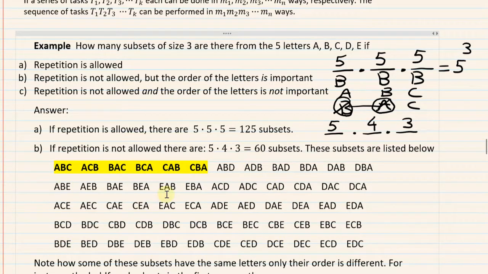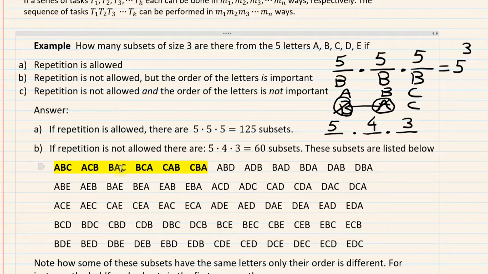Now, what if order doesn't matter? In other words, all the ones in highlight are really the same. So if I'm thinking about these being 3 people, I don't care if person A, B, C or A, C, B or B, A, C are in a group, as long as they are in one group. There's no ranking, no position, like president, vice president, secretary, treasurer.